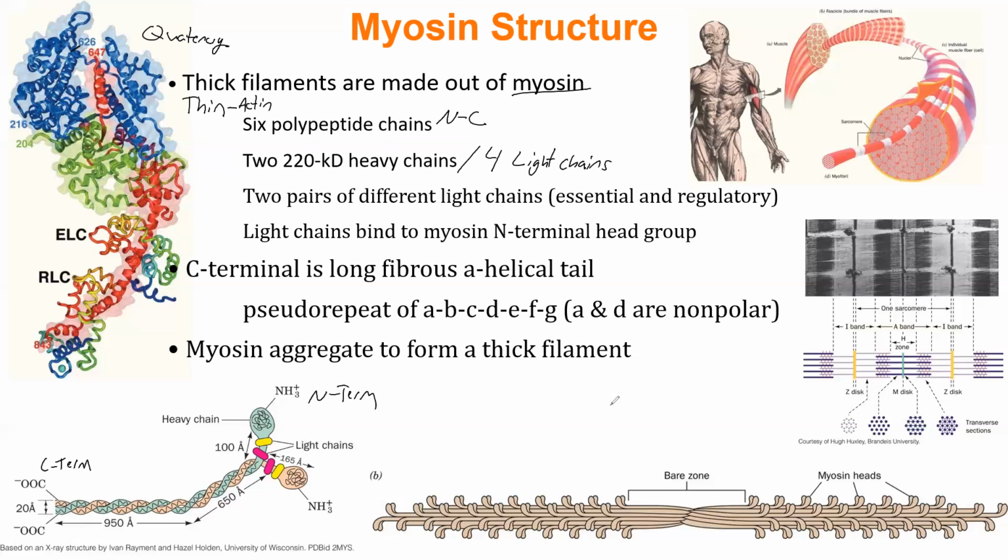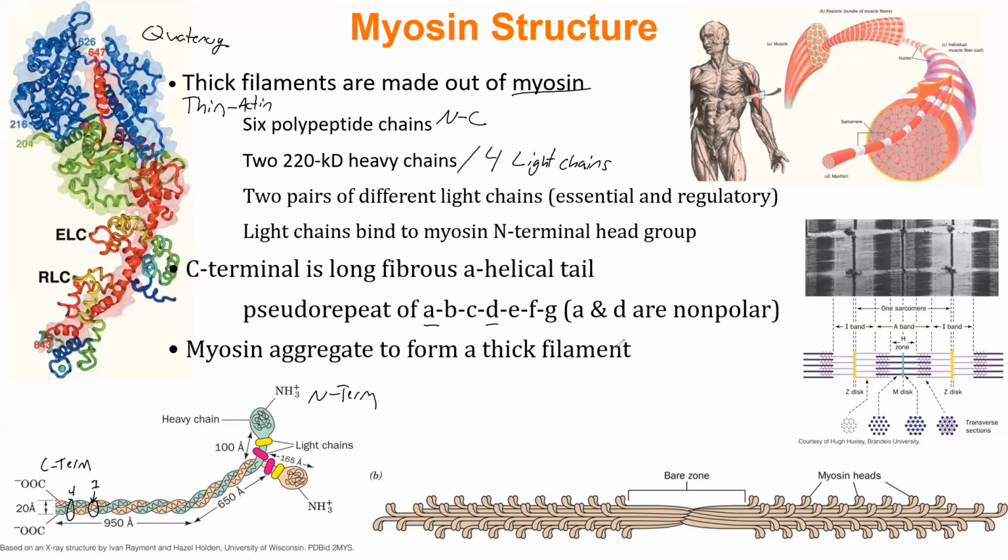For myosin, position A and D, so the first amino acid and the 4th amino acid, will always be nonpolar. That's because that's where we're interacting. For example, where the 2 chains overlap, right there could be the first position, and then right here could be the 4th position. We want these chains to interact, and the easiest way for that to happen inside the cell is to just make them hydrophobic, and water will automatically stick them together.